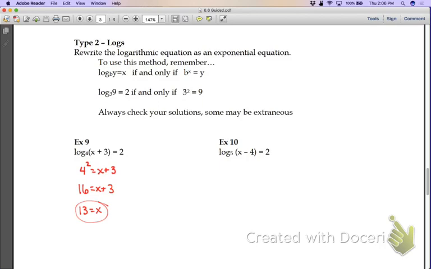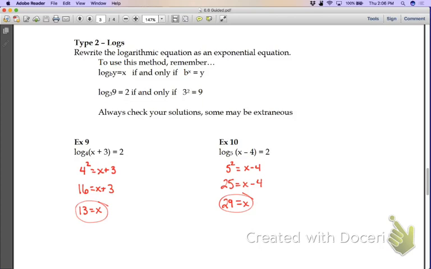How's log base 5 of x minus 4 equal to 2 going to change? 5 squared equals x minus 4. 5 squared is 25. 25 plus 4, 29 is equal to x.